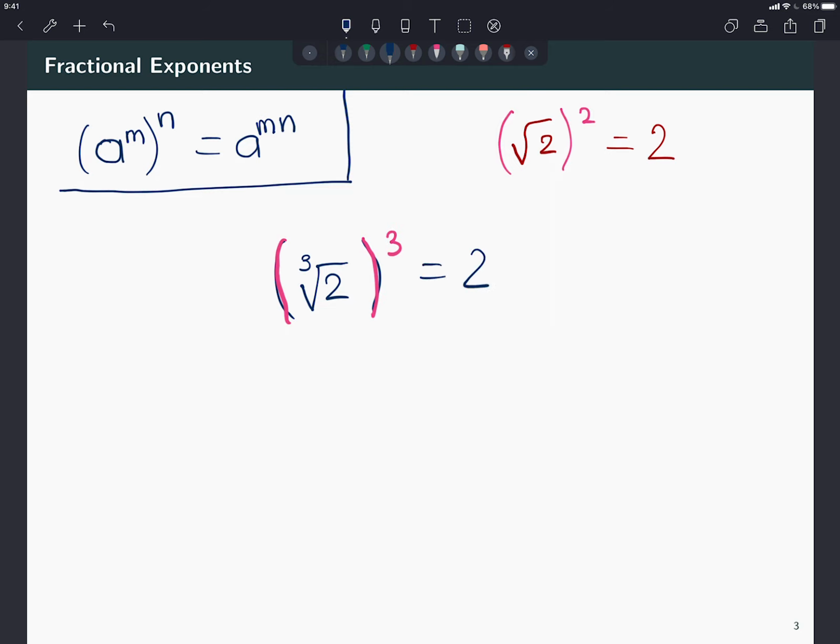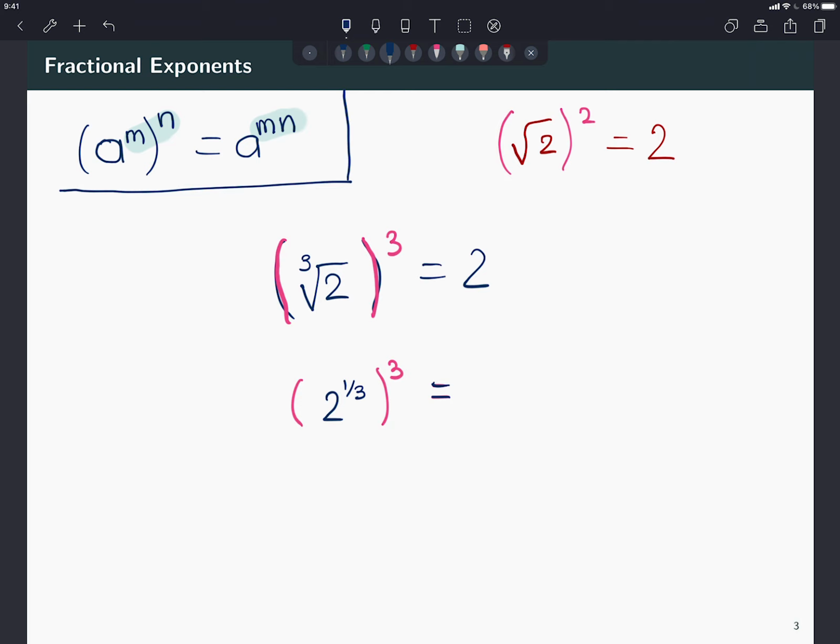But using this property that I told you works with exponents, that should also be true if I had something like 2 to the 1/3. I'm just throwing it out there. What if I had 2 to the 1/3? Well, it's a number that if I cube it, I certainly would get 2 again.